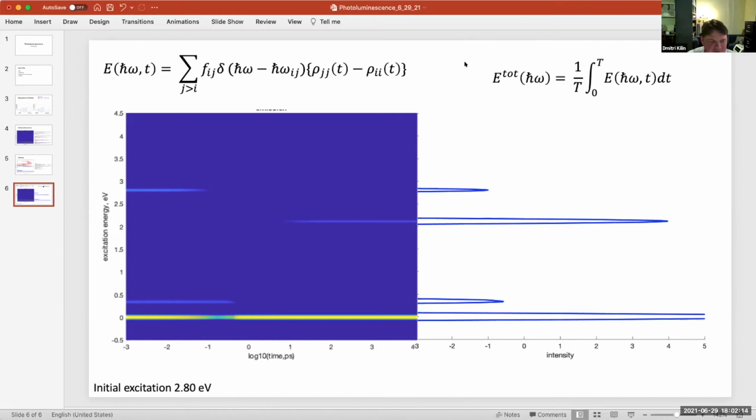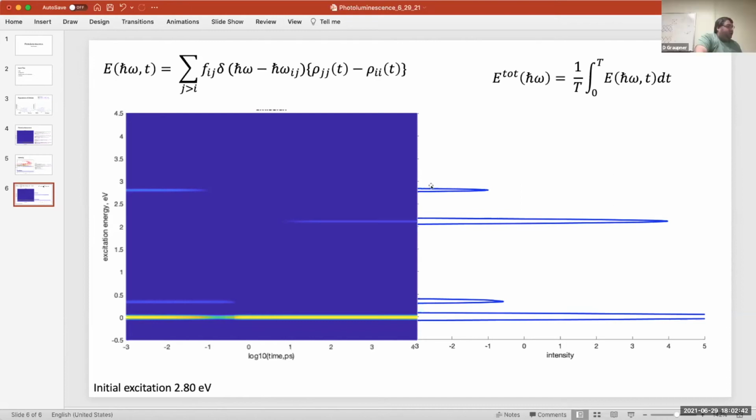Please continue. So as for the second equation, we take the result of the first equation and we integrate it with respect to time. Which gives us this figure, the time-integrated intensities. So only bright transitions are observed.